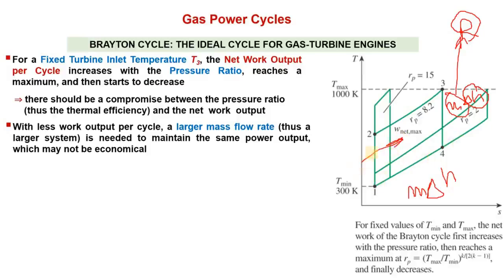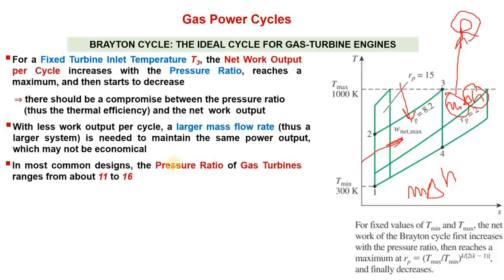So you have to give more work to the compressor, and more heat in the combustion chamber, because m dot is very high. Depending upon the overall output and the cost requirement, it has to be optimized. In most cases, the pressure ratio of gas turbines is normally taken in this range, 11 to 16.